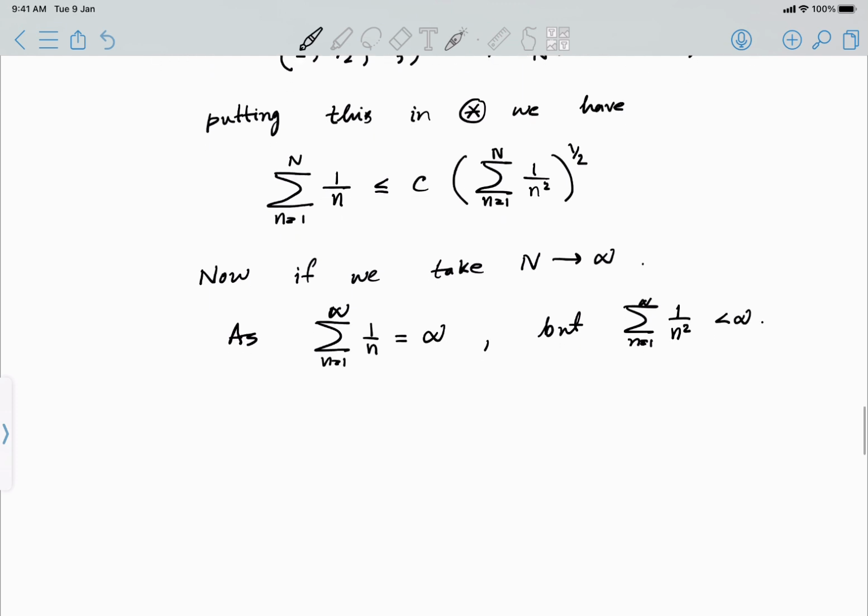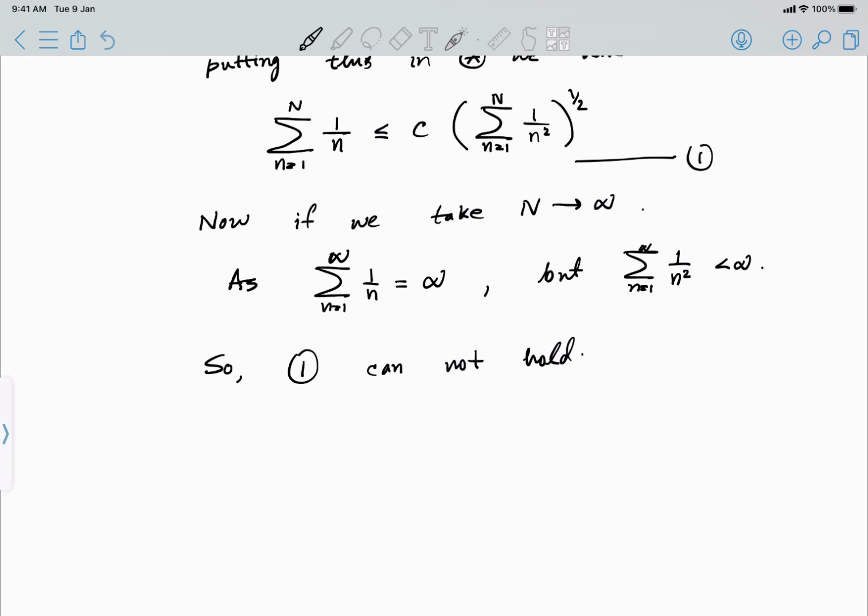So this cannot hold. This is a contradiction, right? Because if you increase n, the left hand side will become infinite, but the right hand side is always finite.